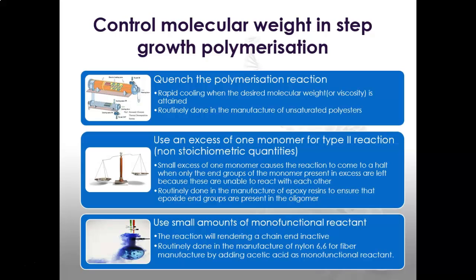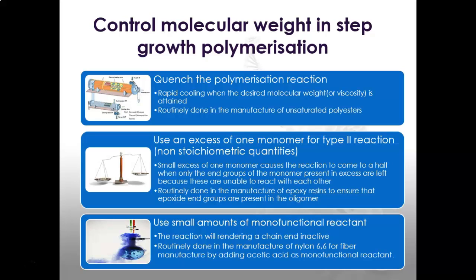This method requires rapid cooling, right? As we all know, the reaction in step growth polymerization requires heat. And then, if you want to stop the production of molecular weight, you need to use rapid cooling when the desired molecular weight or viscosity is attained.